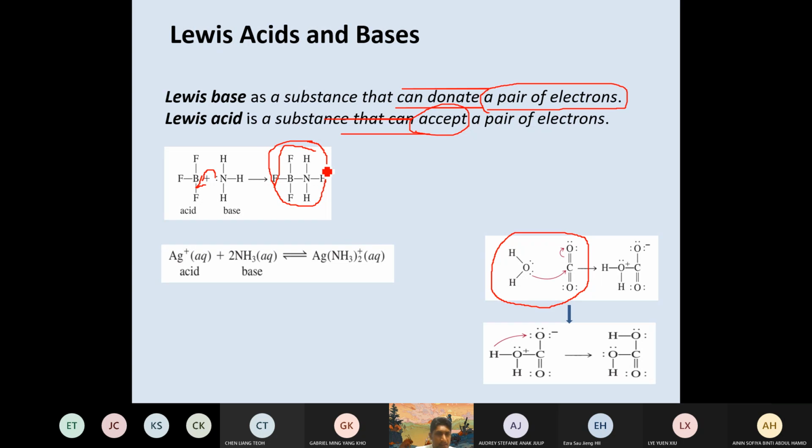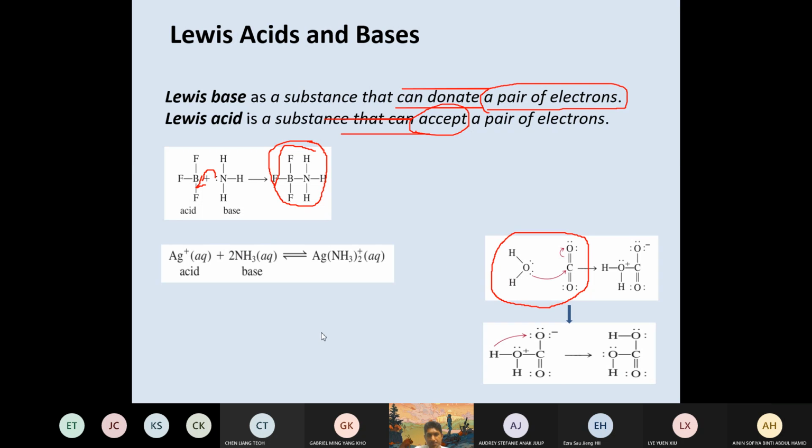What is the main difference? Can anybody tell me? You can consider this a semantic question. What is the main difference between Lewis acid and base and Bronsted-Lowry acid and base? What difference can you see here? I have already given half of the answer.